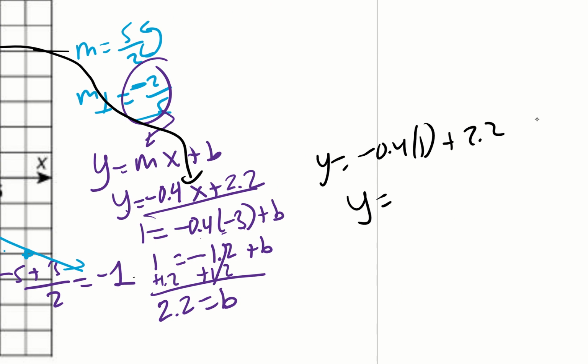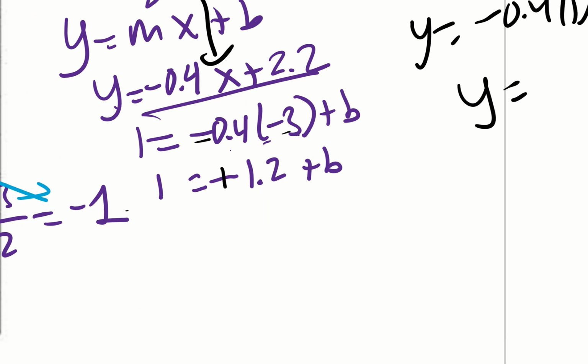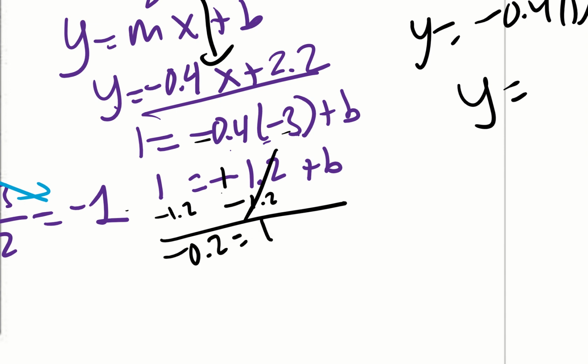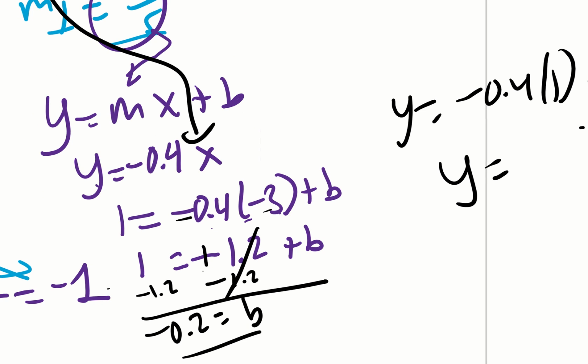Oops, I made a mistake with the b coordinate. So let's go back to this b coordinate. A negative times a negative is a positive. So let's change this. The b is going to be different. So we'll subtract 1.2 as opposed to adding it. And so 1 minus 1.2 is -0.2. There you go. That changes my b. So then we can change this to a minus 0.2.